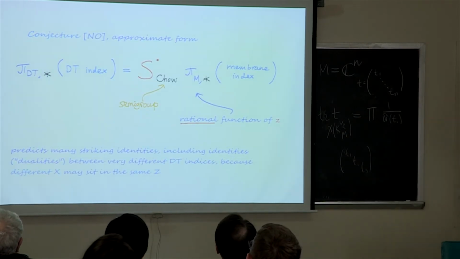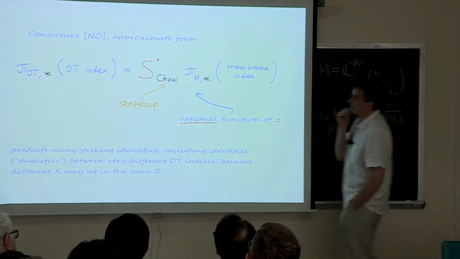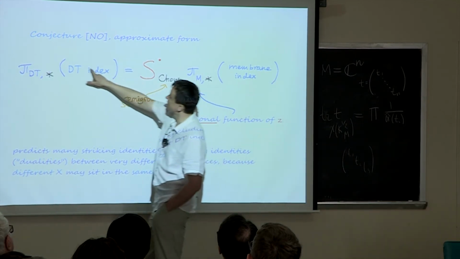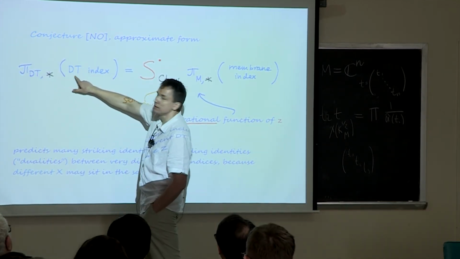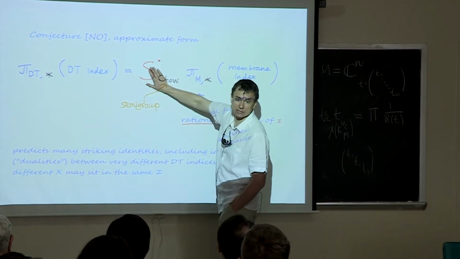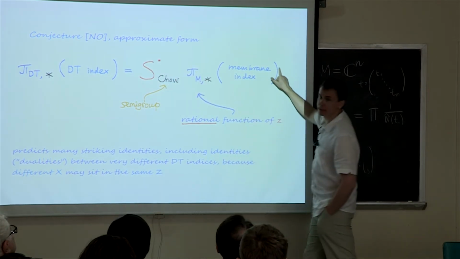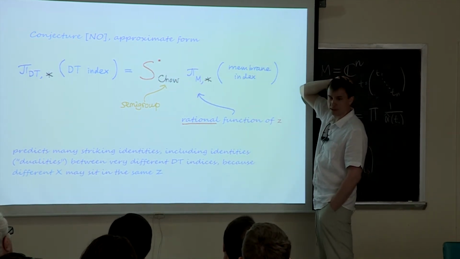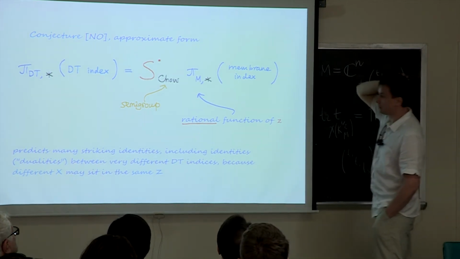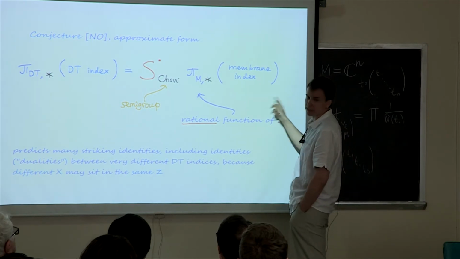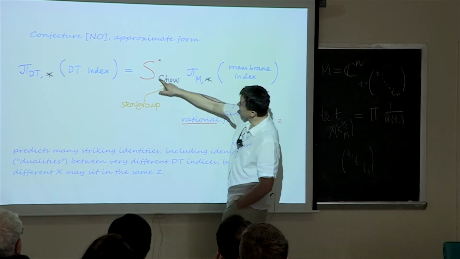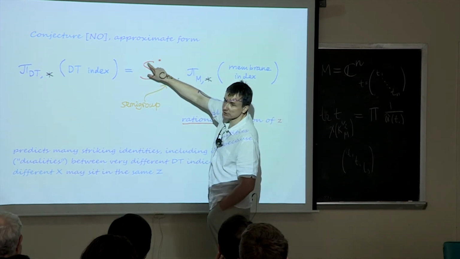So the conjecture says that if you push forward that index to the Chow variety, just like with the boxes, from the Donaldson-Thomas side or from the membrane side, this is a symmetric algebra in a certain sense that we'll discuss in a second. What does symmetric algebra mean?